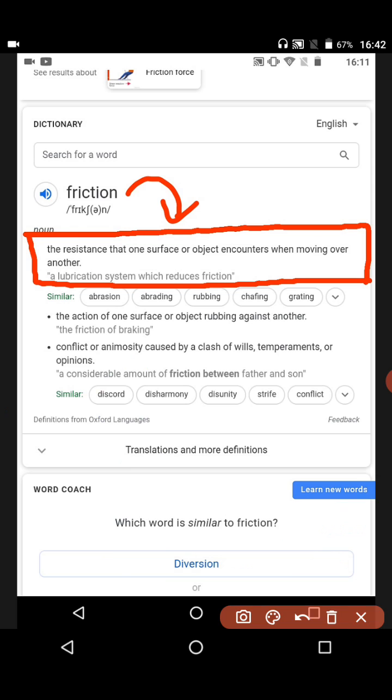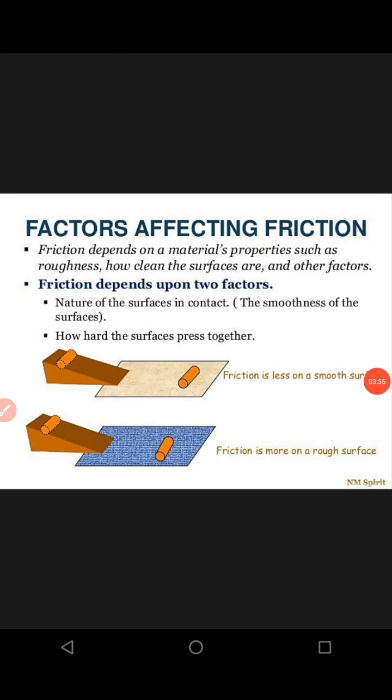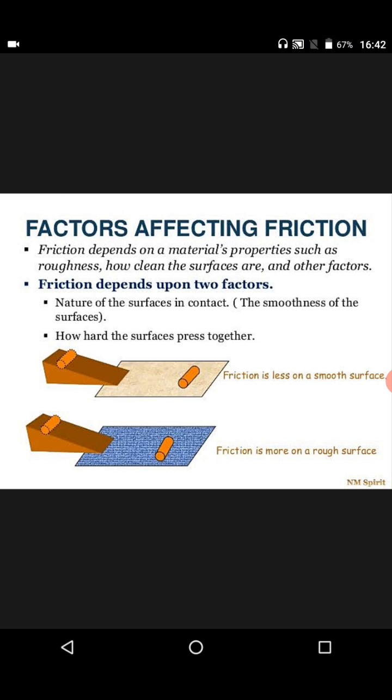Now let's look at the factors which are affecting friction. For learning the factors affecting friction, I will suggest you do a small, very simple activity.